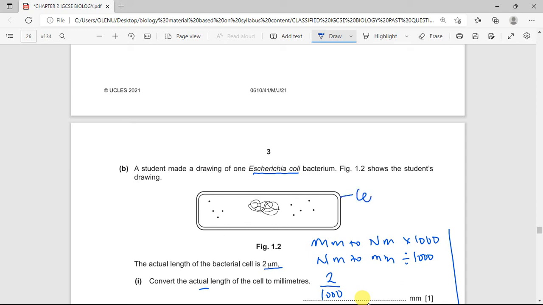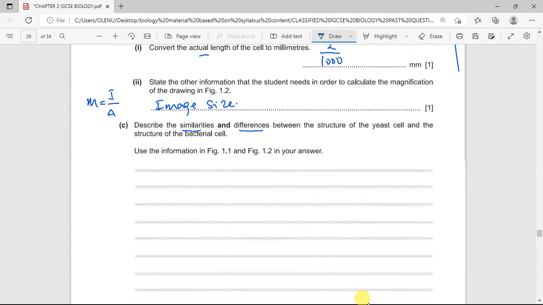This will be cell wall. This is ribosomes. This here is cytoplasm. This is DNA or RNA.